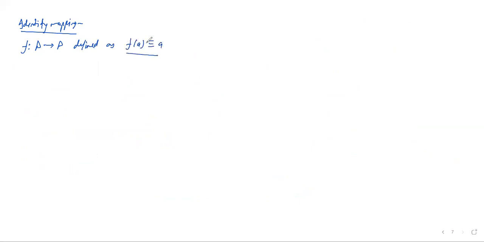It means that the function that assigns to each element in A itself is called identity mapping, and it is represented by IA or just I.